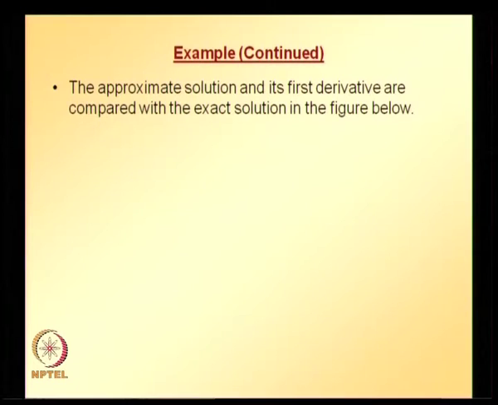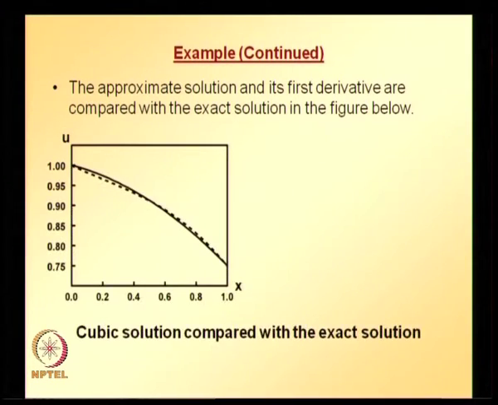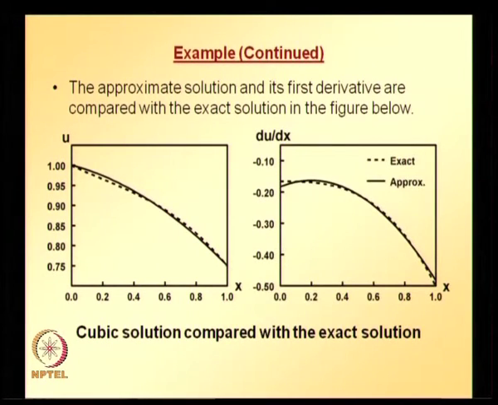Here the plot shows how the approximate solution and its first derivative compare with the exact solution for the cubic trial solution. If you recall, earlier with the quadratic trial solution there was a lot of error at this location and at this location. Now the error got reduced. So now we will repeat this problem with a fourth order polynomial, or quartic trial solution.